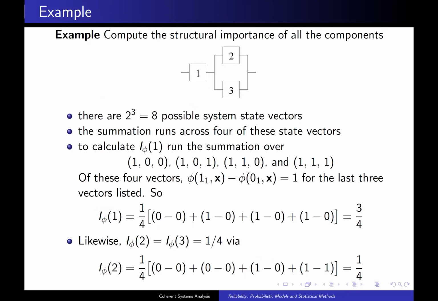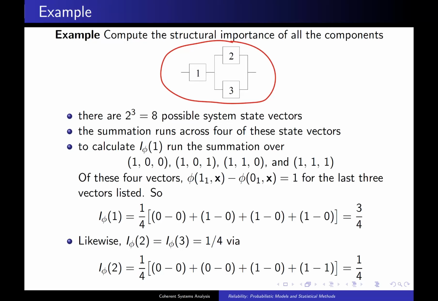All right, here's an example. Let's say we want to compute the structural importance of all 3 of the components in this system. We know because there are 3 components, there are 2 to the 3rd power, which is 8 possible system state vectors.